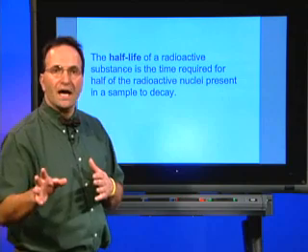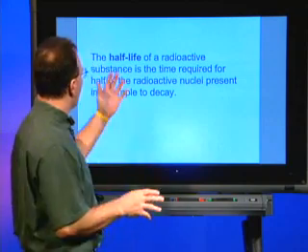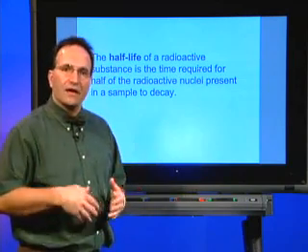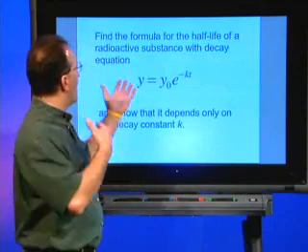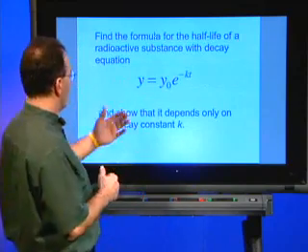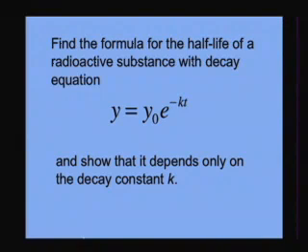So let's figure out, what is the half-life? How do we calculate that? Well, we start with our formula, which is, of course, y equals y naught e to the minus kt. In this formula, we want half of the substance to decay. In other words, let me go one more screen.